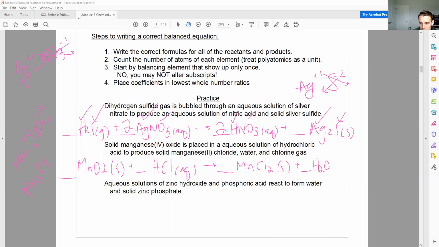Water, and so if we say water, that's implied that it's a liquid, and chlorine gas. Now don't forget our diatomic molecules, that's still Cl2.